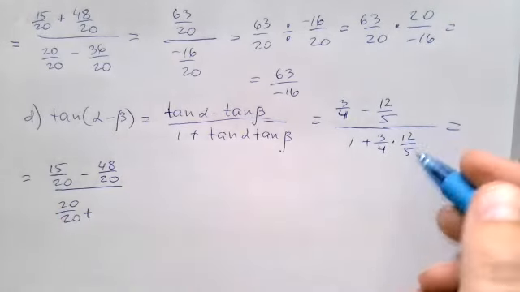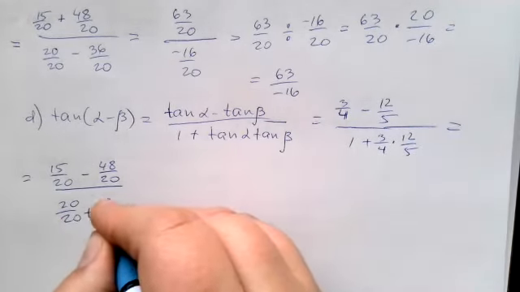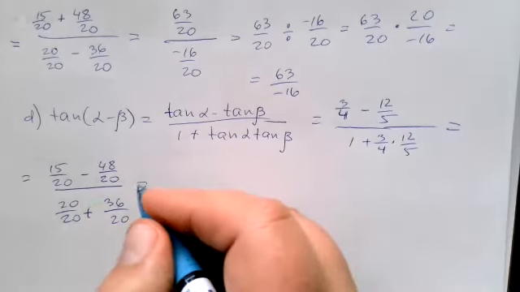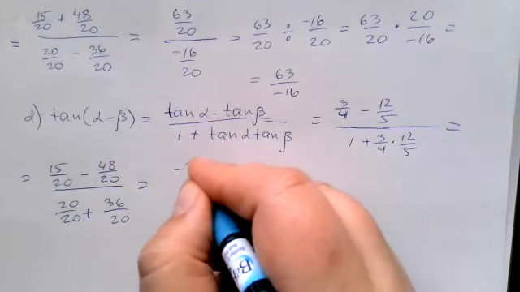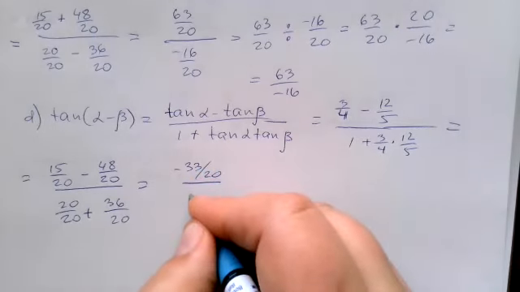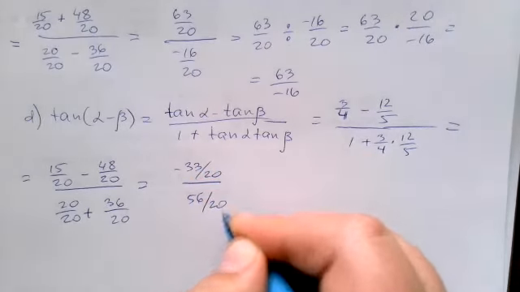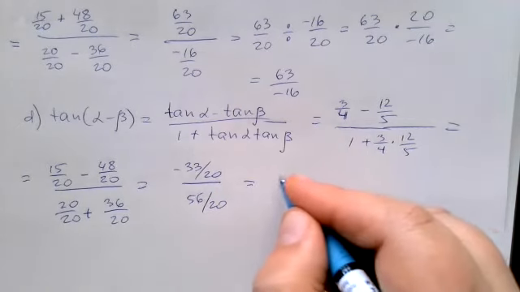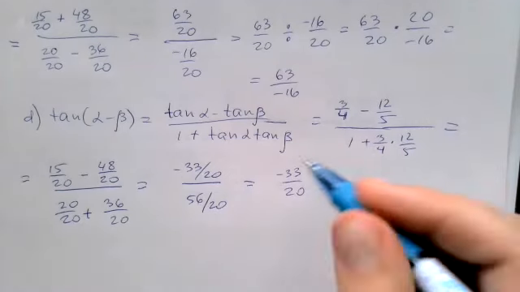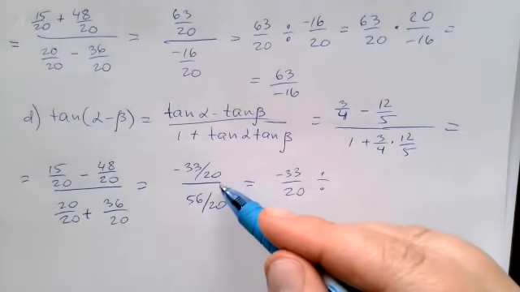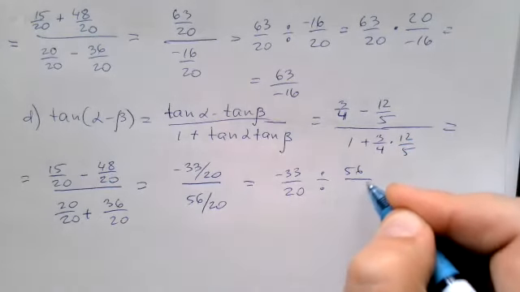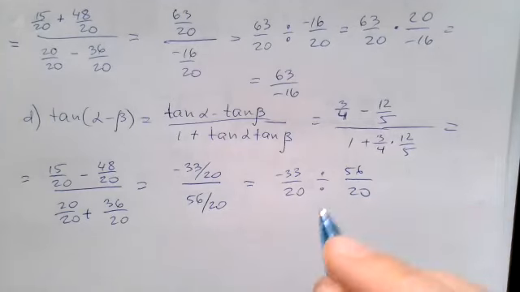And then just multiplying, I'm going to get 36 over 20. Combining fractions in the numerator and the denominator, that's what we get. And now we're going to rewrite it using the division instead of the fraction bar, because we got a complex fraction again.